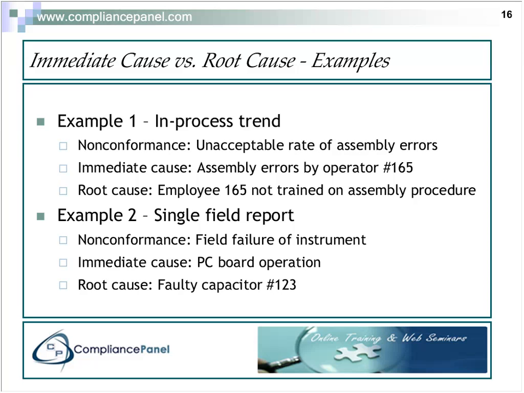Certainly not beyond the realm of possibility. Another root cause could be that employee number 165 hasn't been there long enough, or should have still been under on-the-job training, but wasn't. So that's another situation.